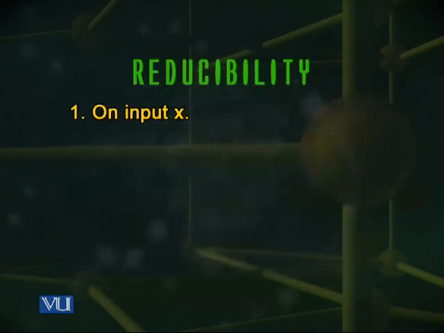All it does is, on input x, it outputs the pair M, x. Now, x is in A if and only if M, x is in ATM. Therefore, this function is a reduction, and we have shown that A is mapping reducible to ATM. This means all problems which are Turing recognizable are mapping reducible to ATM.